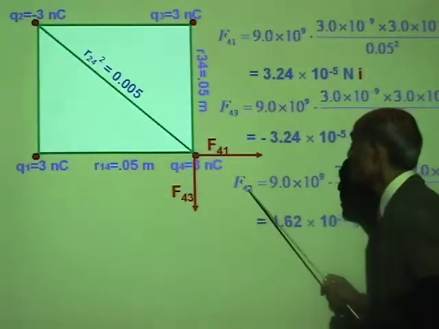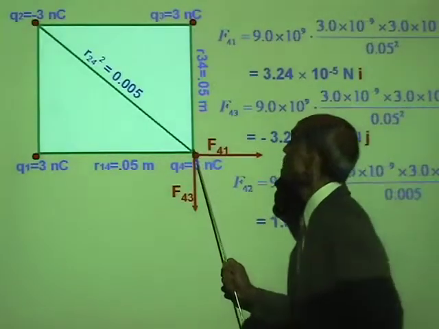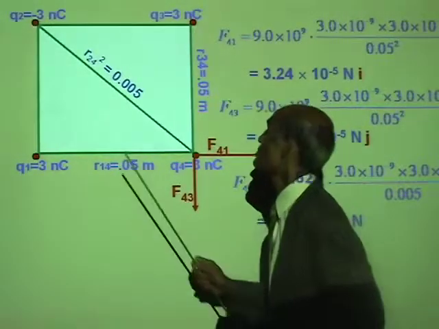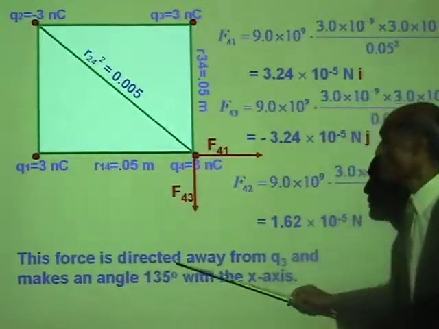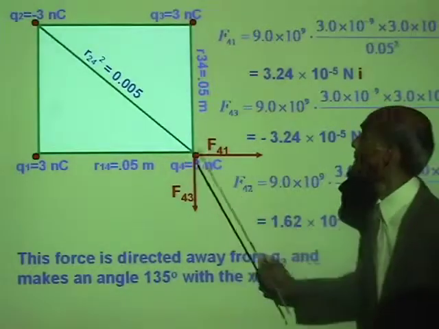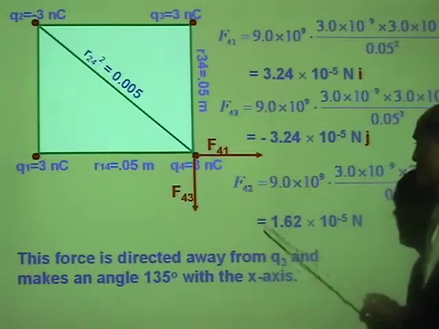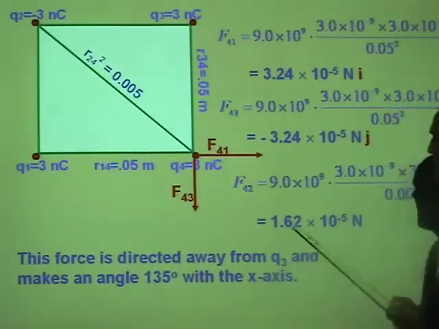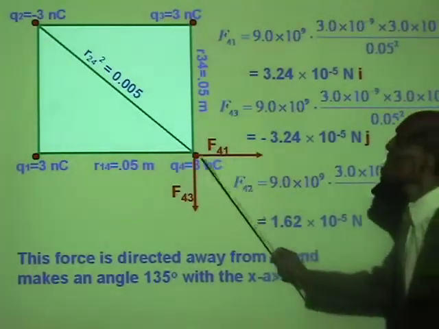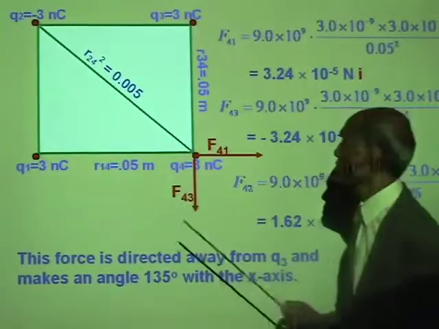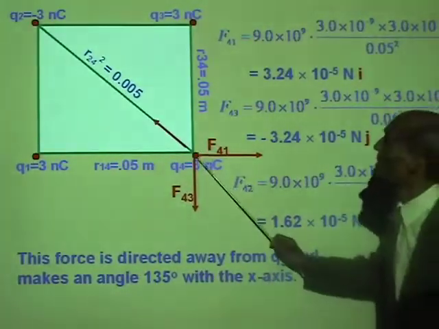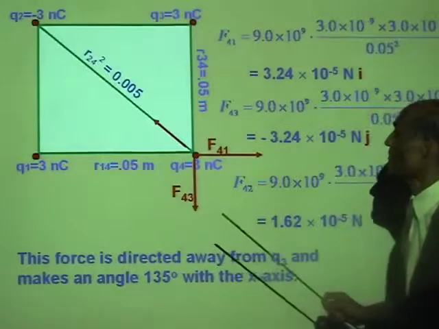So the direction of this force F42 will be directed towards Q2. This force is directed, well, this is not quite right. So this force is directed towards Q2. There you are. It's directed towards Q2.